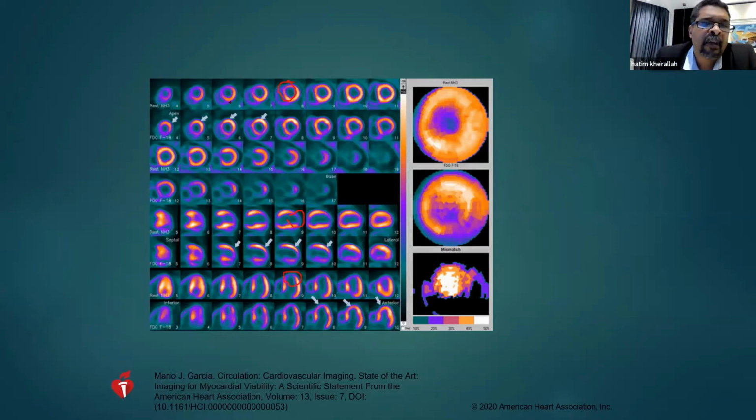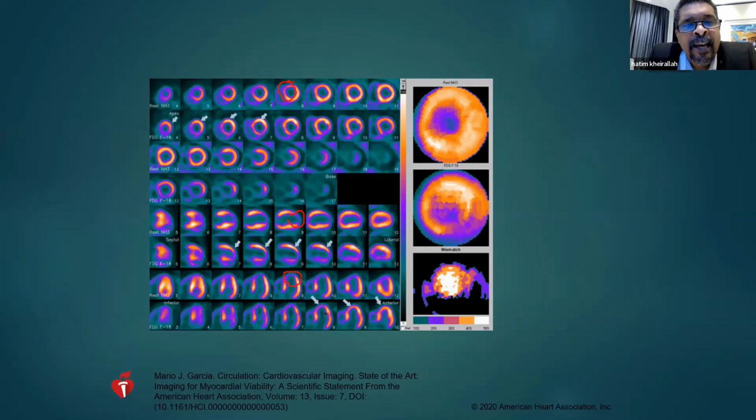ischemia or infarction. Now, when we see the metabolic scan, we see that the anterior area is shining here. When you compare it with the metabolic, it's taking up the FDG, and the apex is also starting to shine through.